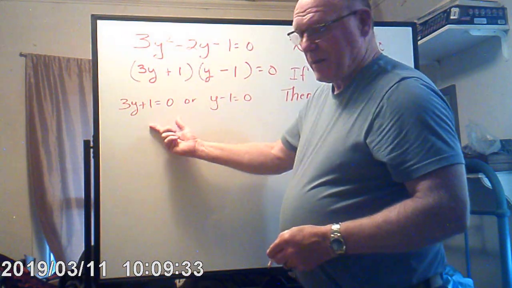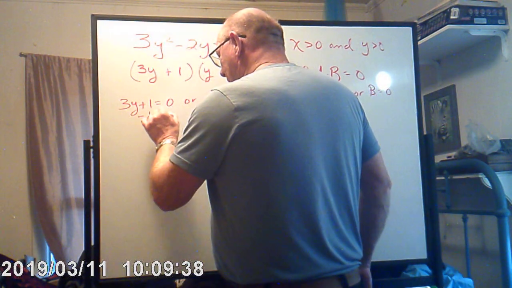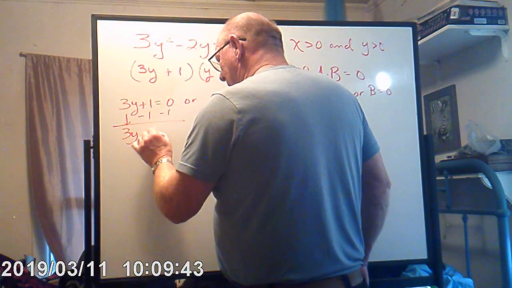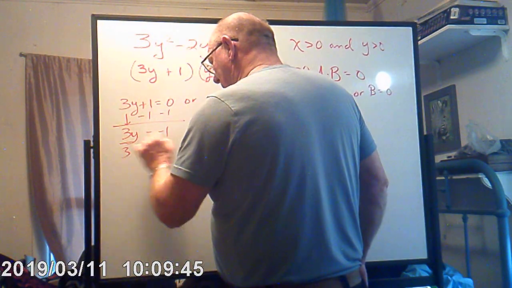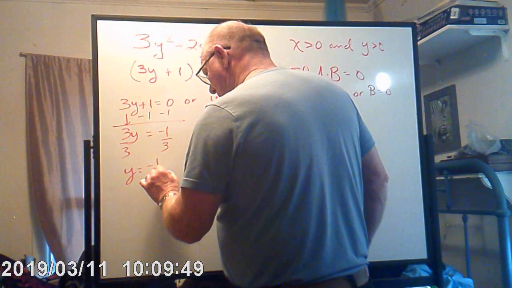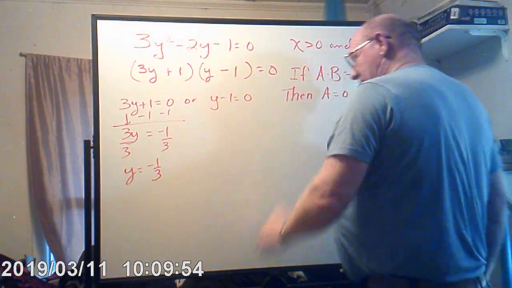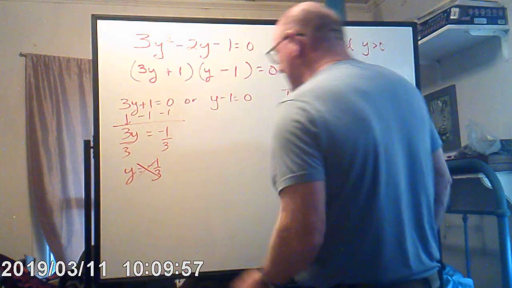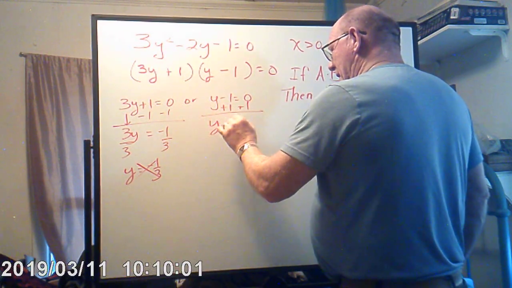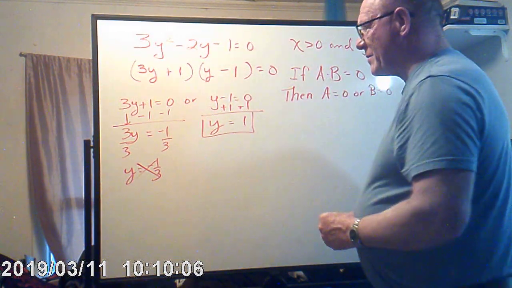Obviously, if you look at this, when you add a negative, you're going to get a negative answer here. So negative 1, 3y, bring that down. 3y is equal to negative 1, divide by 3. Y is equal to negative 1/3. Well, that is not y greater than 0, so we cannot use that. So let's go ahead and use this. Plus 1. Y is equal to 1. That's the one that we need to do right here.